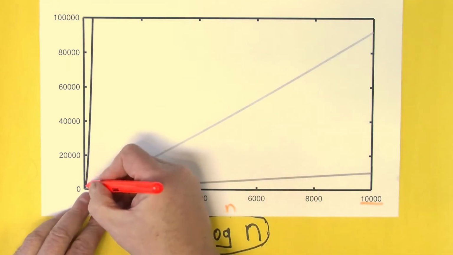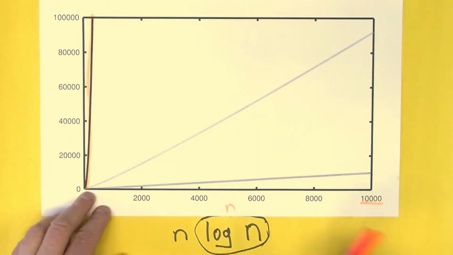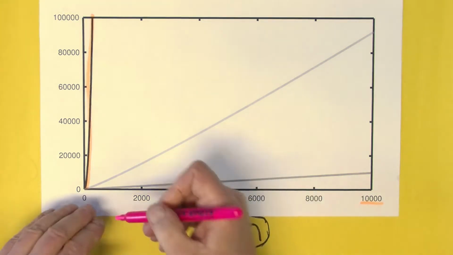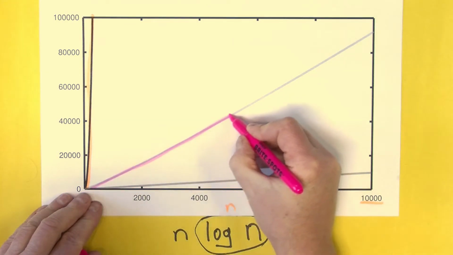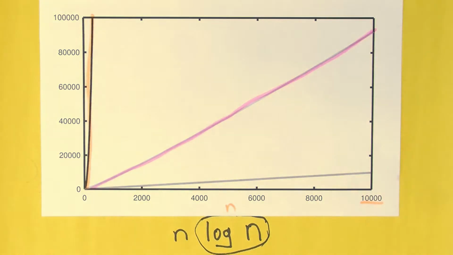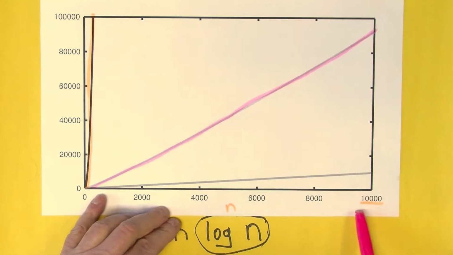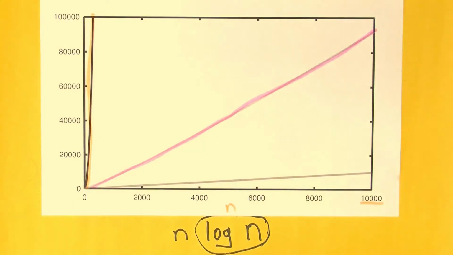When that happens, n squared almost goes straight up, and our good old n log n, you can see that it's just slightly curved, but it's basically just rising at a nice even pace. And you can see over here at about 10,000 points, we have less than 100,000 calculations to do, which on a modern computer is not a big thing.